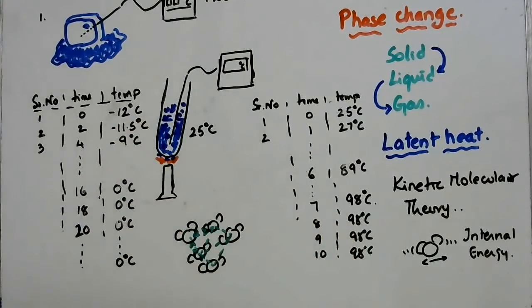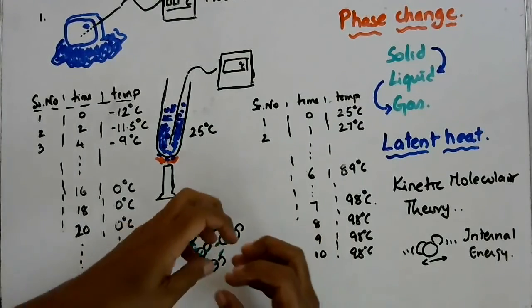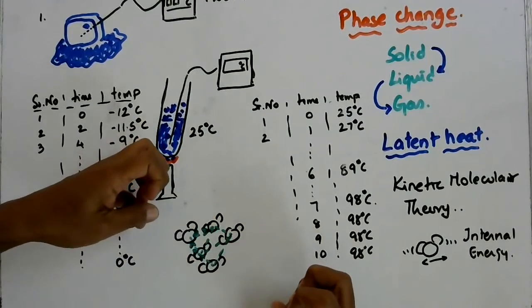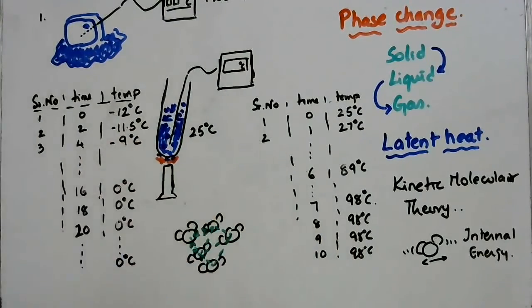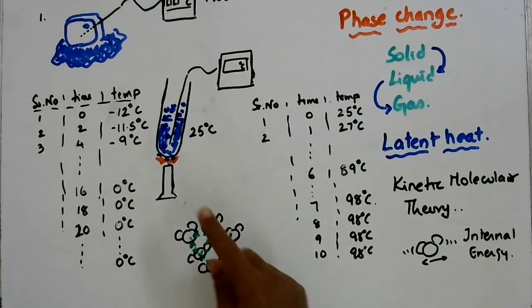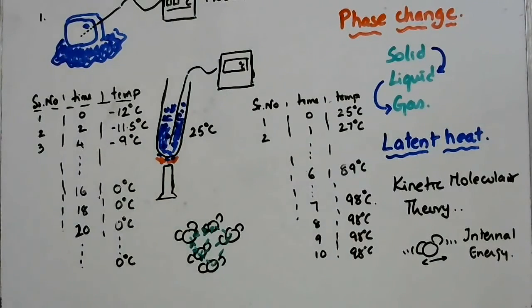I shouldn't really be saying intermolecular spaces, because there isn't any significant volume change taking place. So it must be stated in a way that their potential energy increases. So they are kind of being stretched apart. Okay, but the volume change does not register. If you look at the volume, it does not show any great increase, and that accounts for the latent heat.